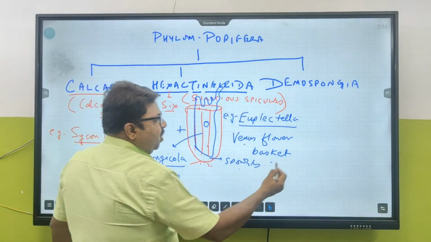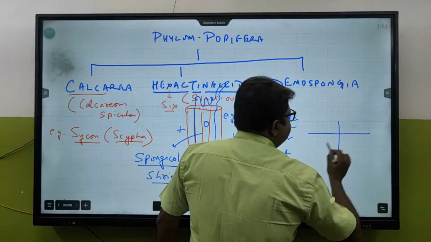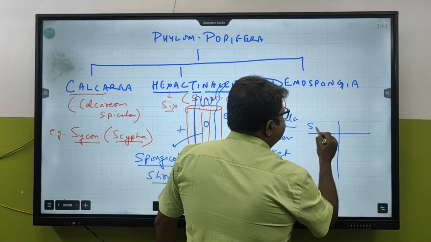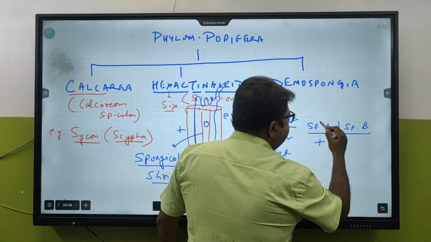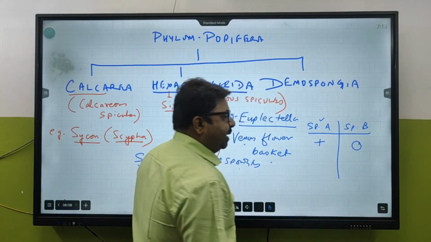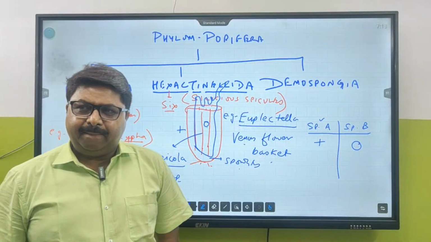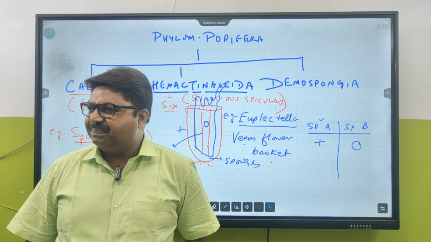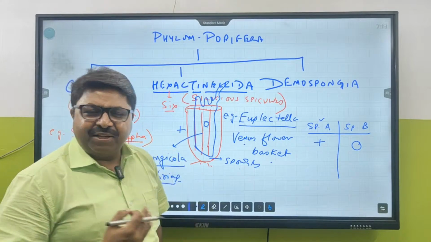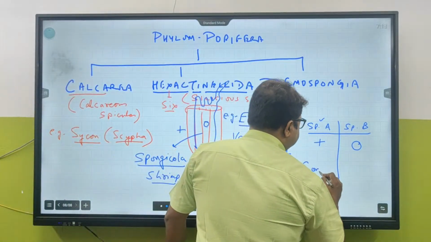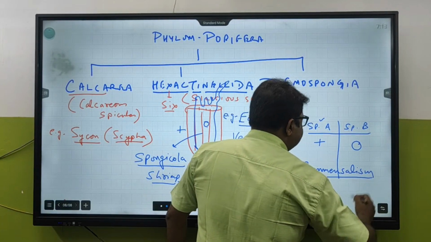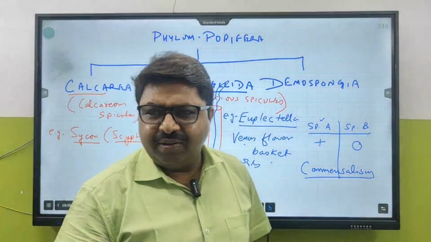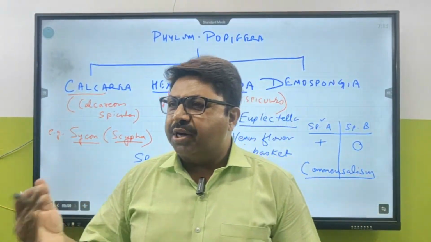What is this kind of association where species A and species B are present, one is getting benefited, the other is neither benefited nor harmed? Commensalism. So this is the best example of commensalism. I think in class 12, I have talked about it on page 232 of the old book.